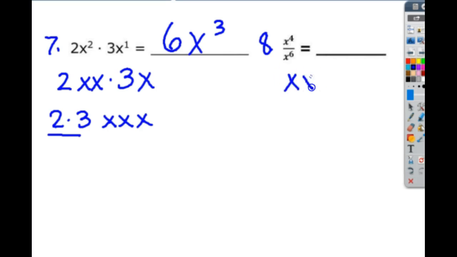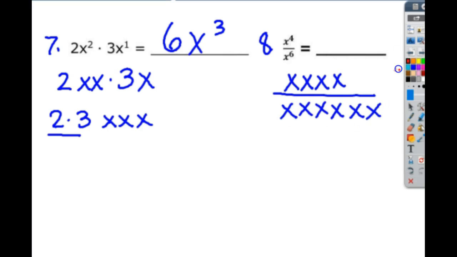Problem number 8 has x to the fourth power divided by x to the sixth power. And then you cancel, and then what's left? But that x squared is in the denominator, isn't it?